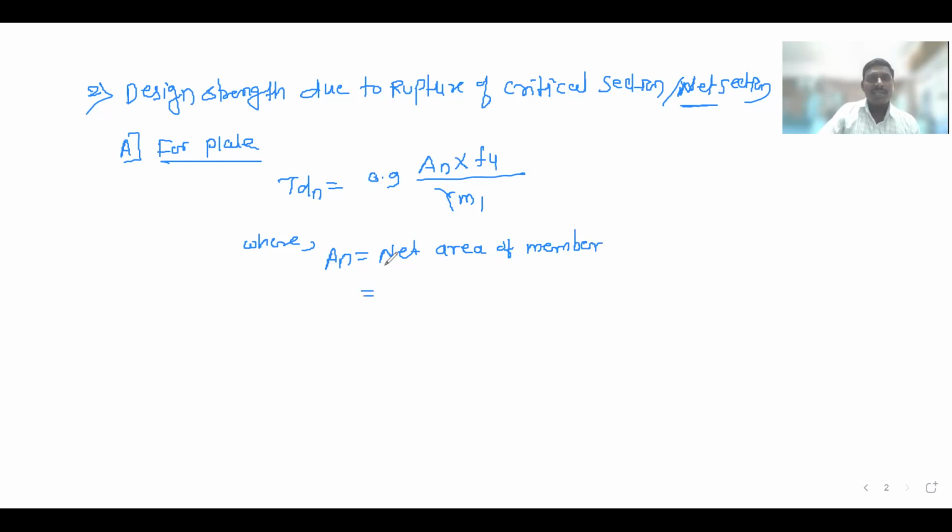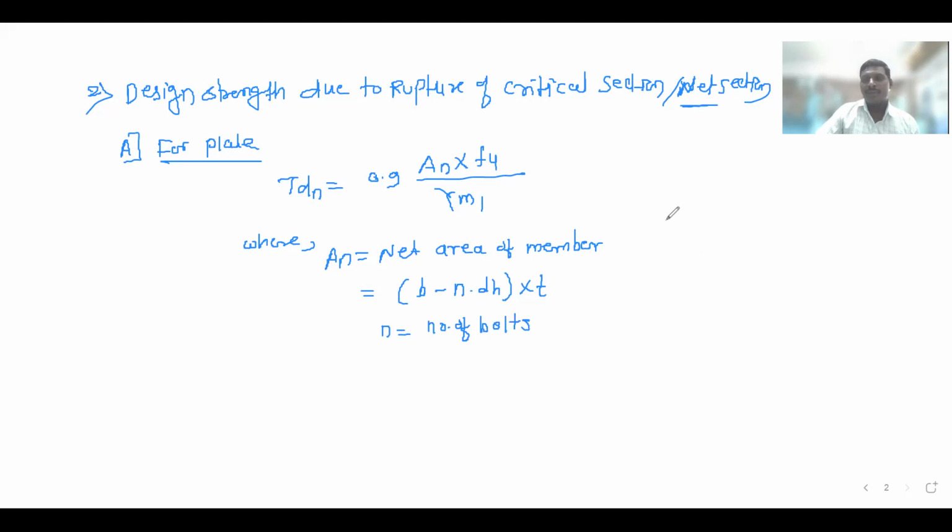So how to calculate A_n for the plate? A_n is equal to (b minus n into d_h) into t, where n is the number of bolts.